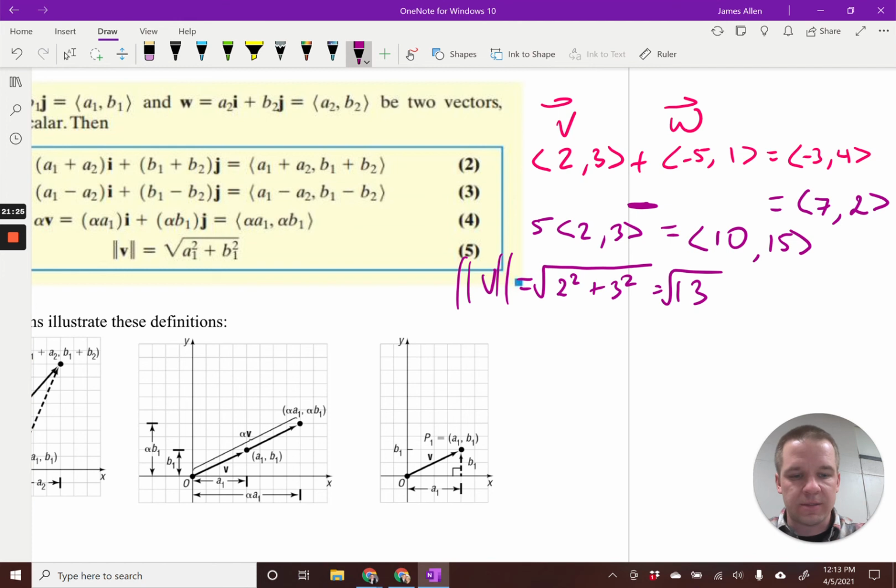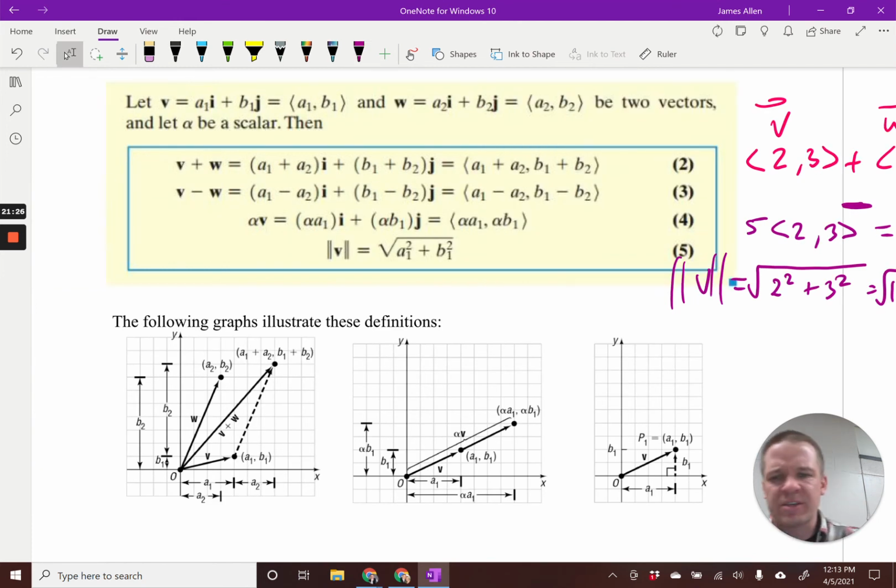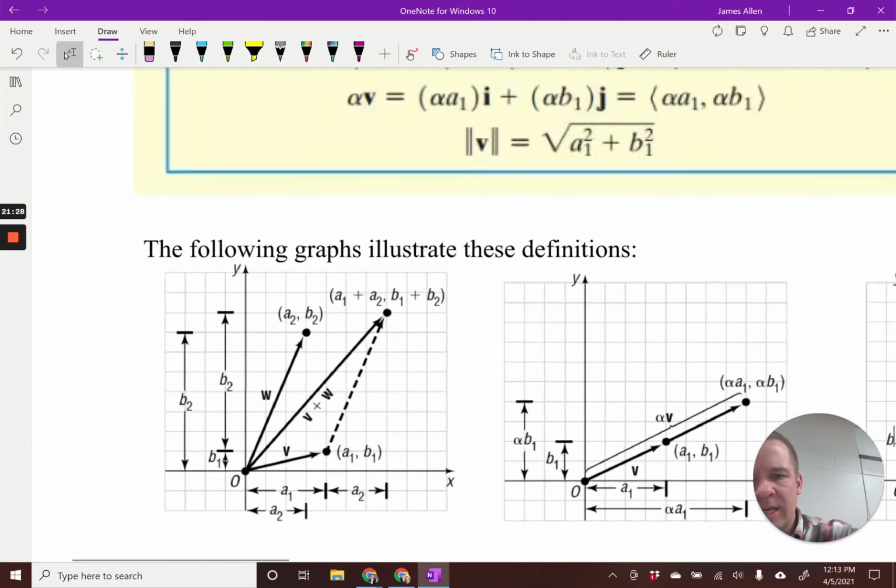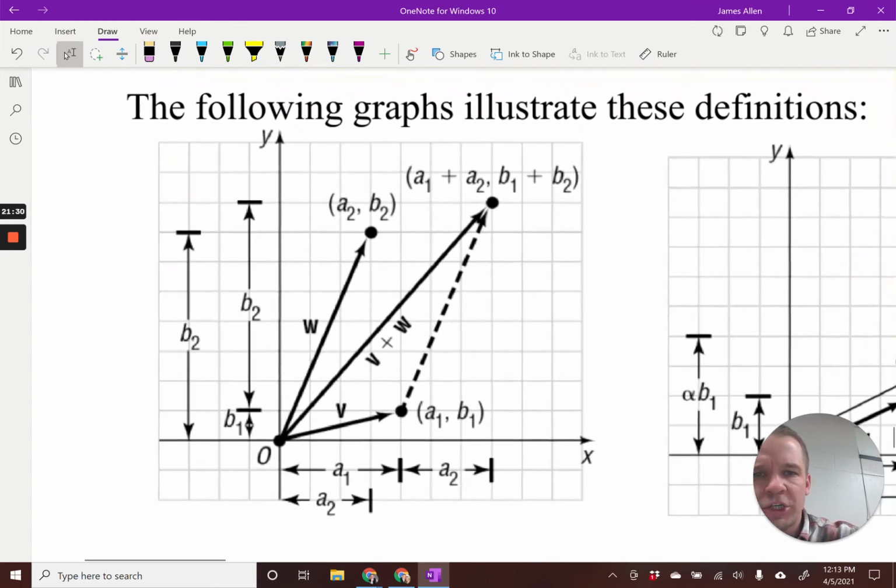I like a couple of these graphics. I'm going to zoom in down here on this one for showing the addition. So when we were adding the two vectors, v plus w, again, I'm just adding my x components together. So you think about this length of 1, 2, 3, 4 here.